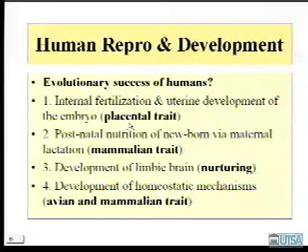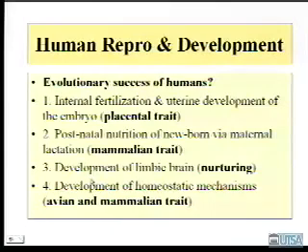So these are some of the key things that we keep in mind about commonalities among mammalian species and uniquenesses of the human situation. The postnatal nutrition of the newborn is via the maternal lactation, a mammalian trait, of course. The development of the limbic brain is key for the nurturing because our young are not precocious.